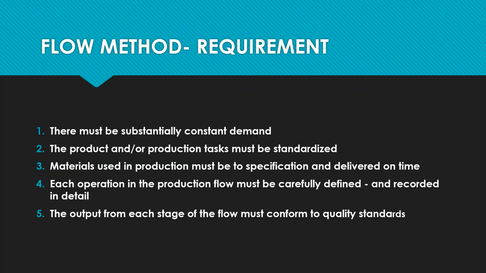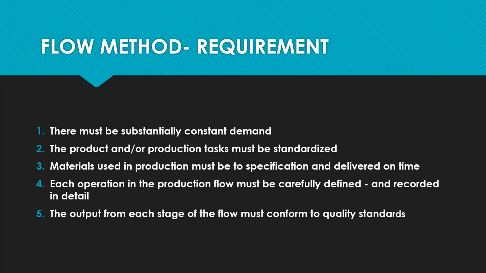Next is, what are the requirements of this flow method and when do we require it? Flow method is required wherever standardized items production is going on. Whenever we choose flow method, there must be a constant demand for some item, then only we need to produce such a standardized item on an assembly line.